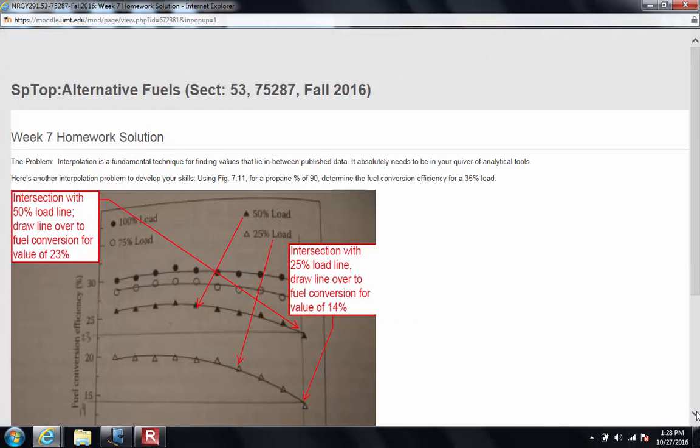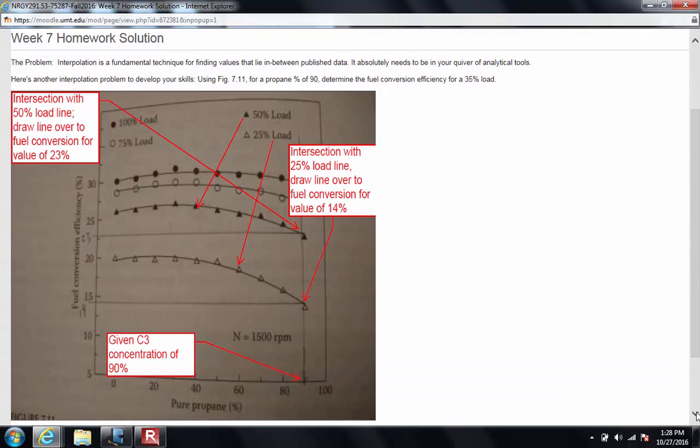To do this visually, if you read the problem, we're looking for a 35% load. And these lines up here represent 25%, 50%, 75%, and 100%. So 35 is not represented by one of those lines.